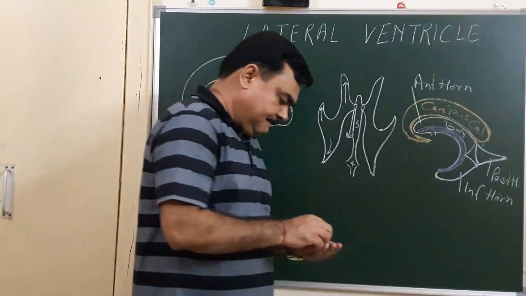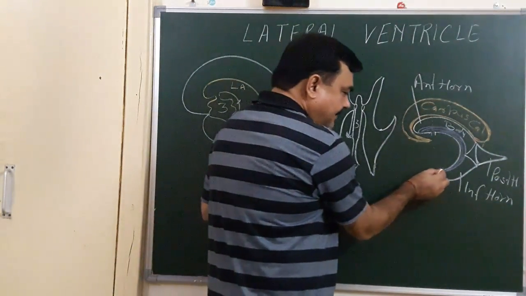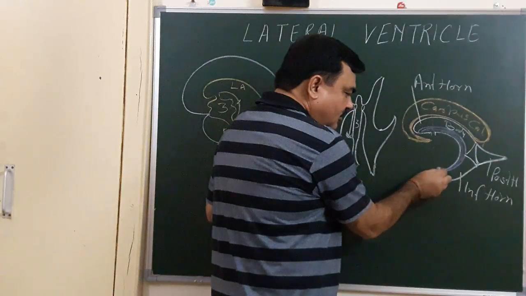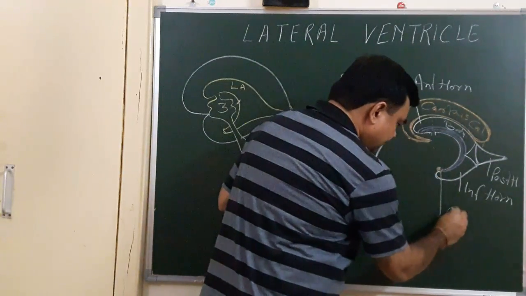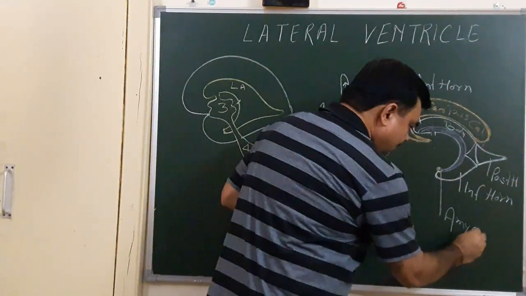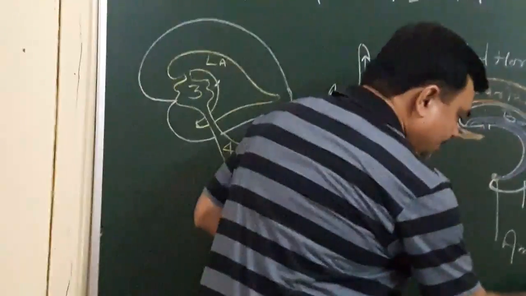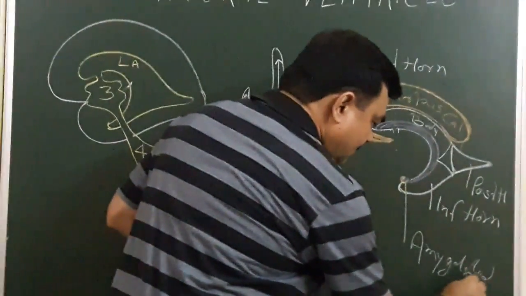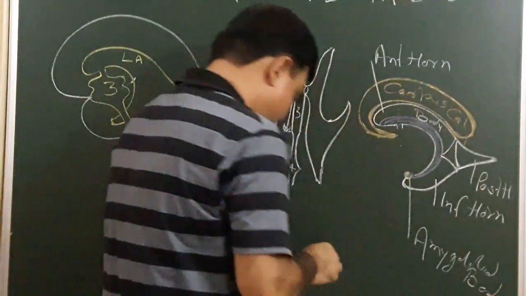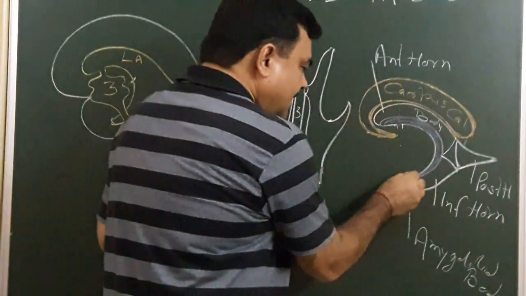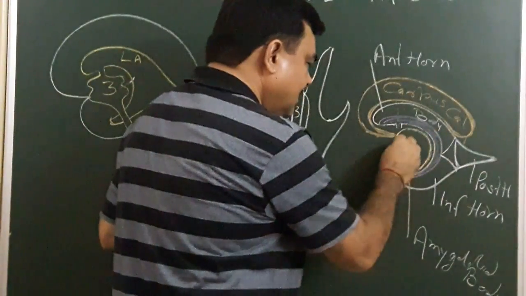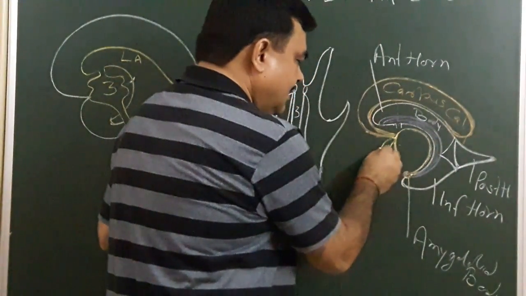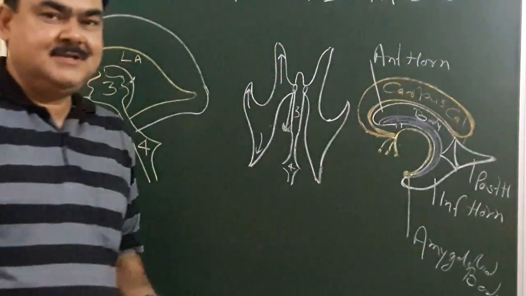Another important thing. Here is the amygdaloid body. From here, the stria terminalis arises. This is the stria terminalis.